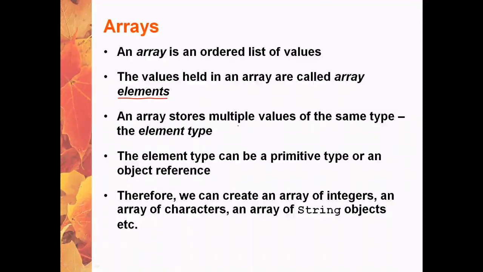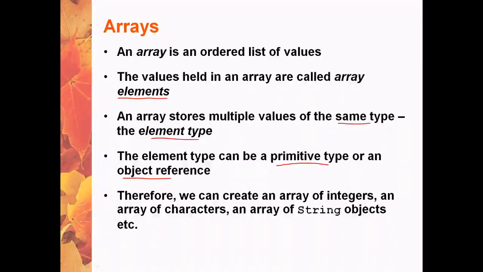An array stores multiple values of the same type, the element type. All the values of an array should be of the same type. The element type can be a primitive type or an object reference.